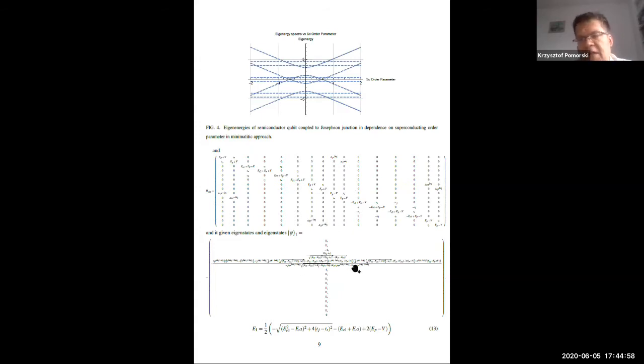get the eigenstates and eigenenergies, and it's also interesting to see that there is an emergence of entanglement between the Josephson junction qubit and the semiconductor qubits. This is so-called electrostatic entanglement.